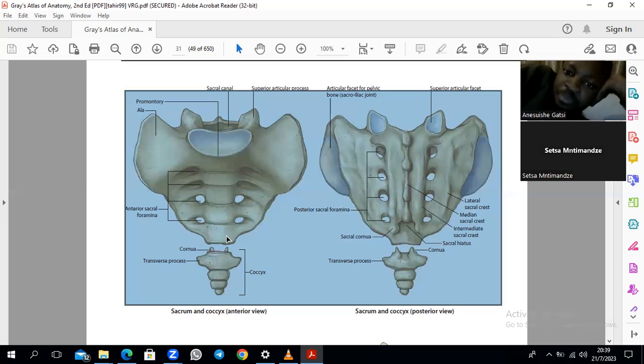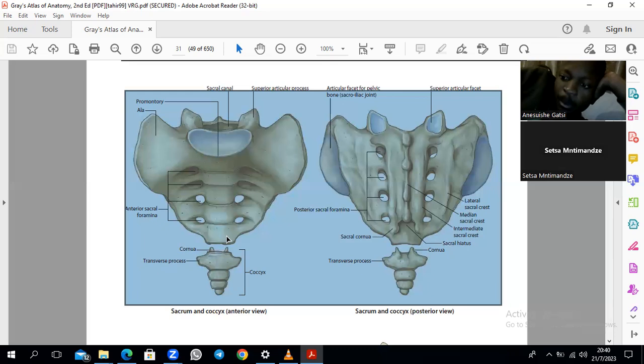Then, do you think there's a difference between the male and the female sacrum? I think there is. Is there any difference that you can think about right now? I think mainly it would be the shape.